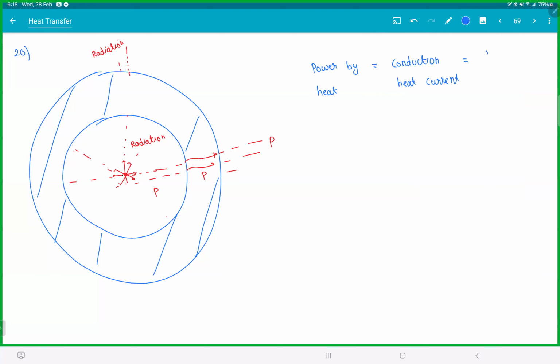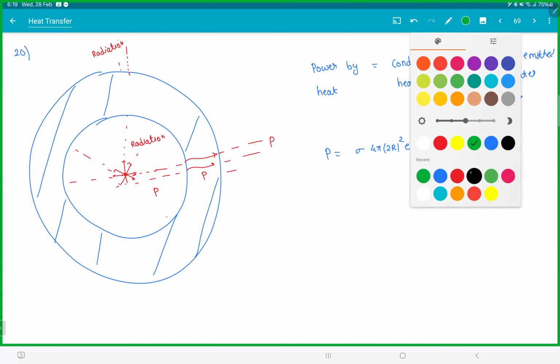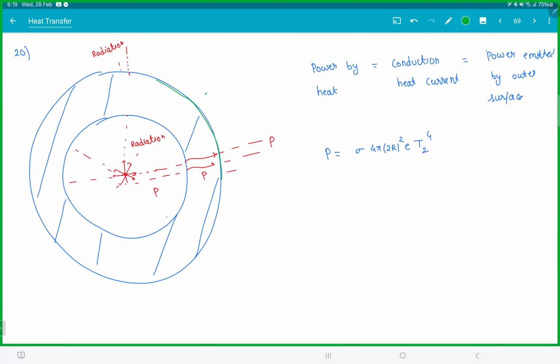This is also equal to the power radiated by the outer surface. Therefore, P is equal to sigma, area 4 pi (2R) whole square, E, T2 power 4. Let the temperature of the outer shell be T2 and the temperature of the inner shell be T1.